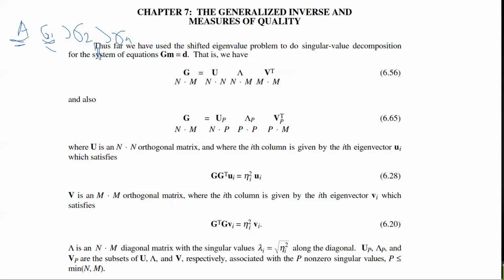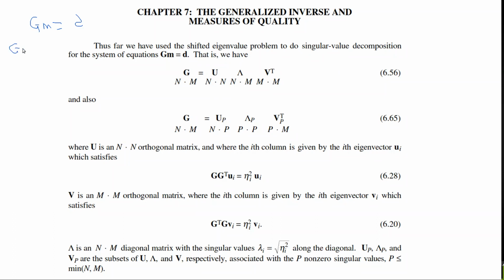Okay, now let's go back to geoscience, the inverse problems. We have seen that our system is Gm equals d.